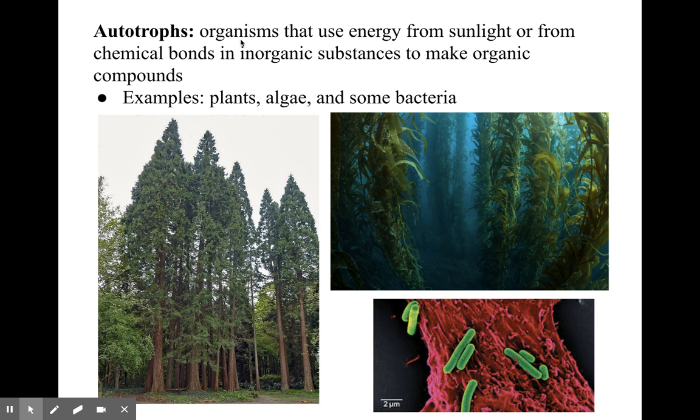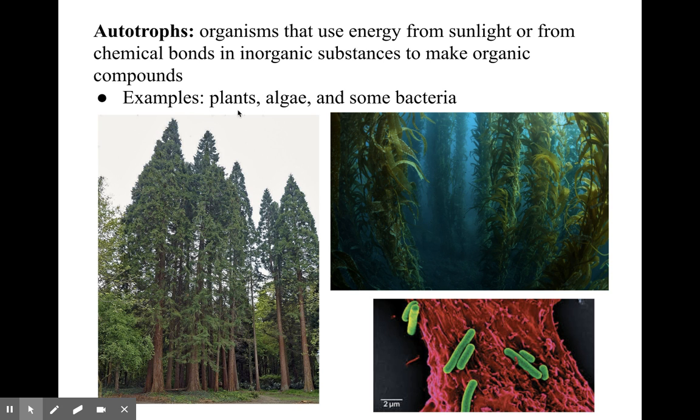So autotrophs are organisms that use energy from the sun or from chemical bonds, down at the bottom of the ocean, to make organic compounds, to make sugar, to make cellulose, to make starch. Autotrophs, self-feeders, make their own food that they need to make ATP.